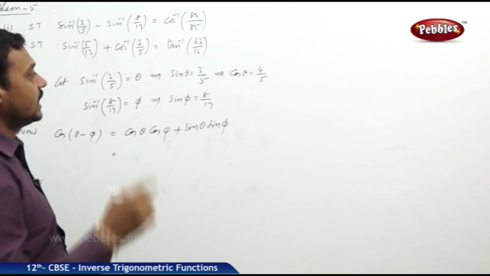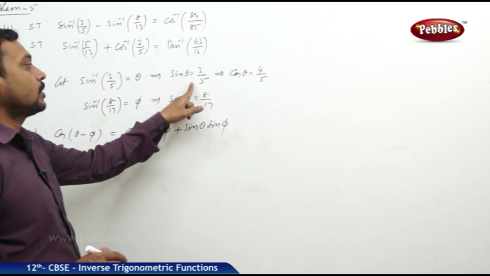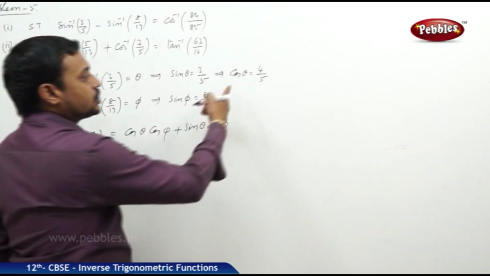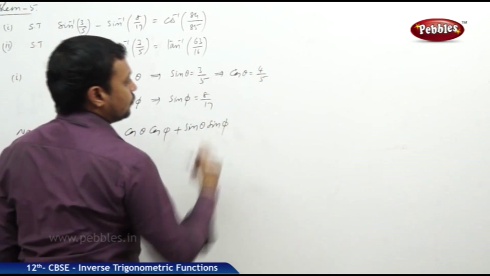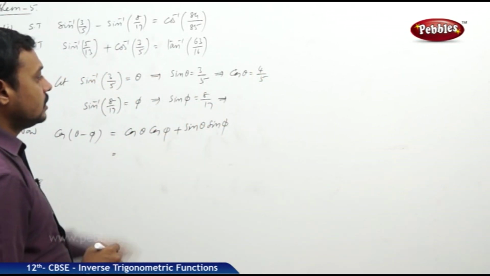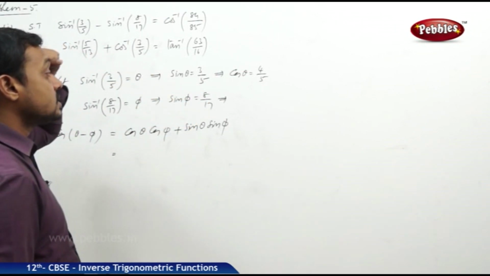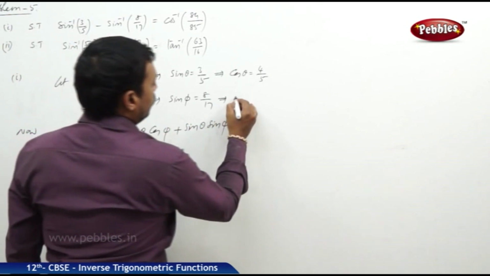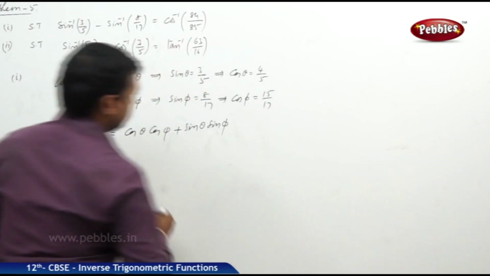While taking a right angle triangle, 3 is the opposite side, 5 is the hypotenuse, then 4 will be the adjacent. The cos ratio is defined as adjacent by hypotenuse, that is 4 by 5. Now here also, opposite side is 8 and hypotenuse 17, therefore adjacent side will be 15. Therefore cos phi is equal to 15 by 17.